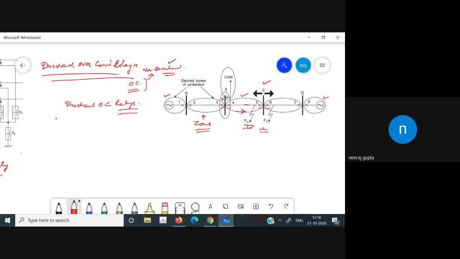Now let us write a small table so that we can understand things well.